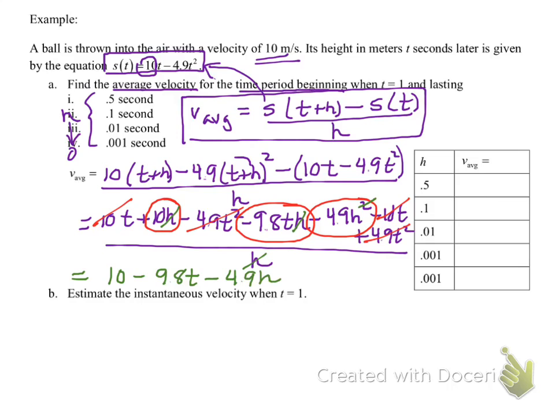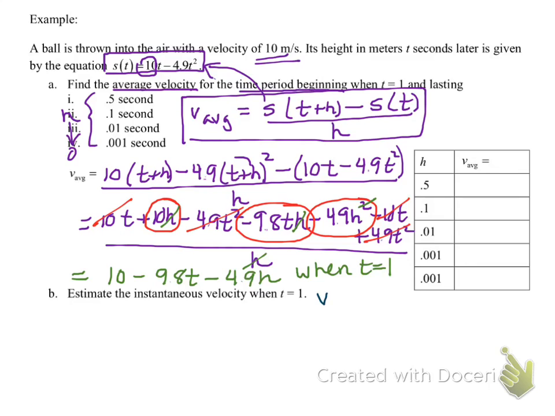Okay, and now what we're interested in is when t equals 1. So then this function when t equals 1 becomes, so let's remember what we had here. We were looking at the average velocity.